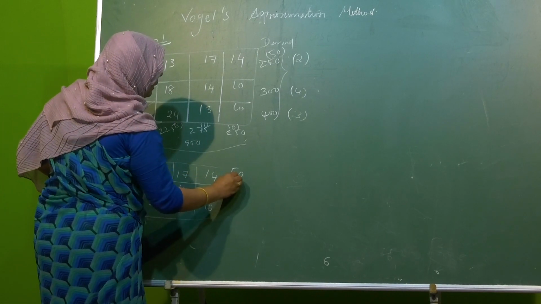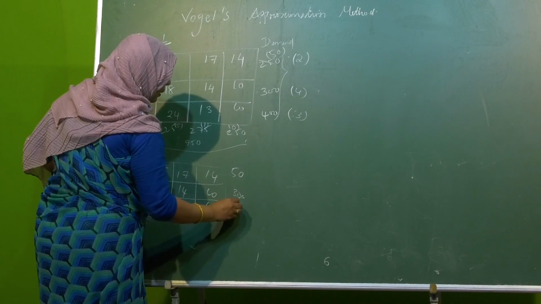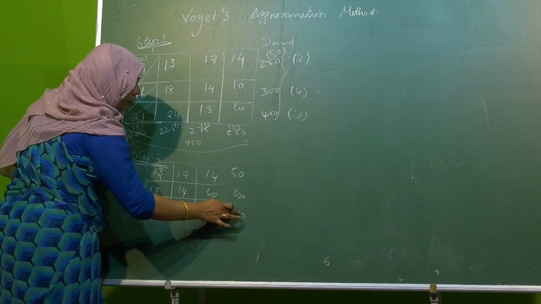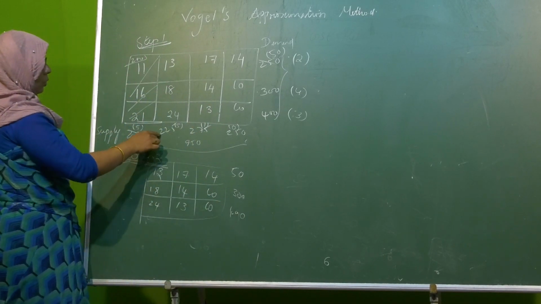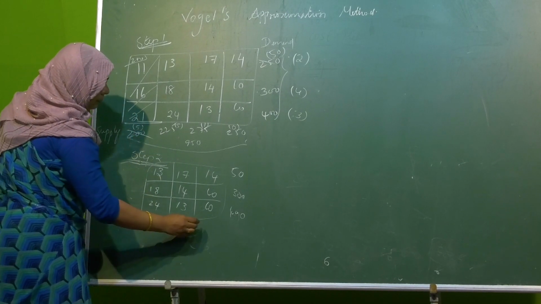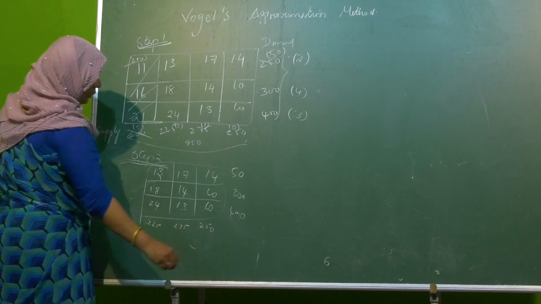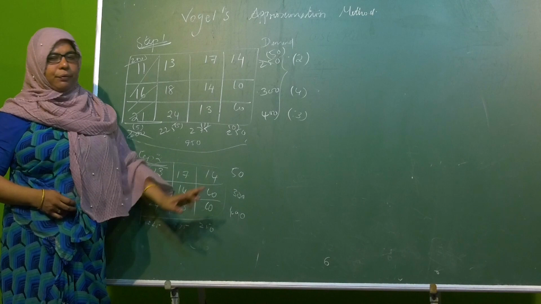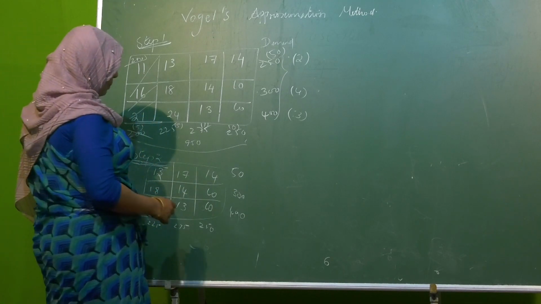The supplies are 50, 300, 400, and the demands are 225, 275, 250. The totals are 750 and 750, so the problem is balanced.